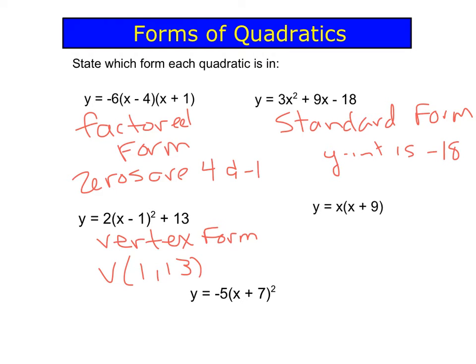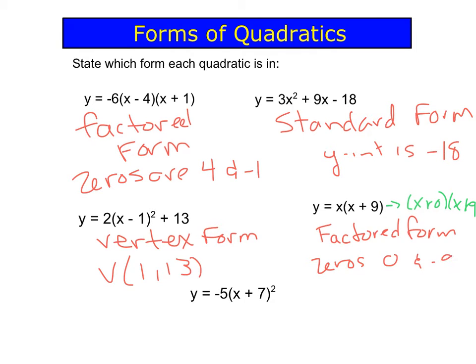The next one here is in factored form. You could have rewritten this one as x plus 0, x plus 9. Okay, again, the zeros, the x-intercepts, are 0 and -9. Okay, the next one's a little tricky.